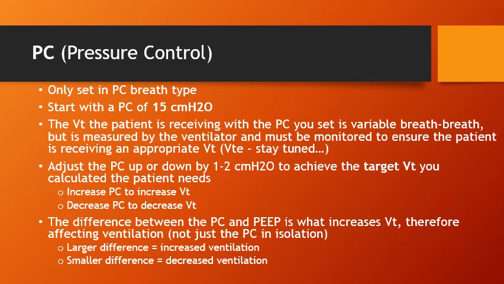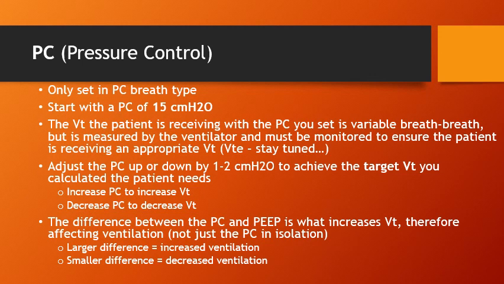So we know that the tidal volume that the patient's going to receive with whatever the set pressure control is that you input is going to be variable breath to breath. But the ventilator will measure that tidal volume for us. So even though we're not setting a tidal volume, we're setting a pressure control value, the ventilator is going to measure the tidal volume that the patient is receiving with that given pressure control that we inputted.